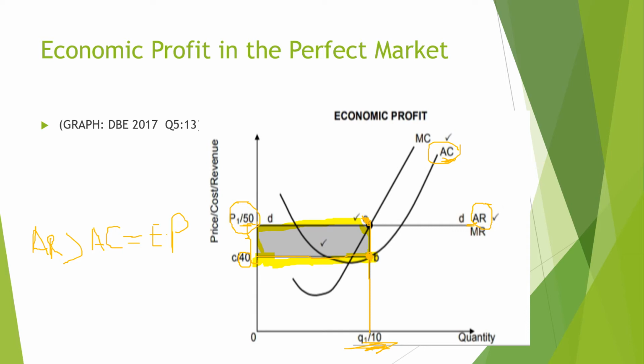So in order to calculate profit, we will say total revenue minus total cost, whereby our total costs are 400 and our total revenue was 500. 500 minus 400, therefore this 100 here, this shaded area now here, represents the 100, which is the economic profit of the business.